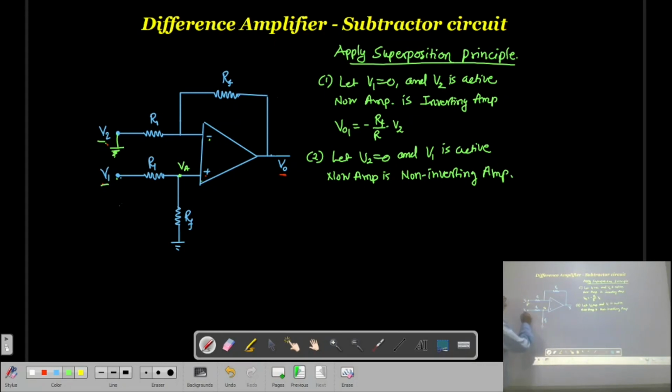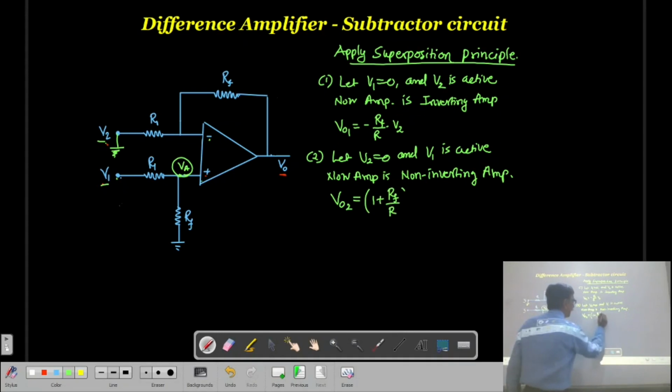Input is not V1, but the input is VA. So we will calculate what is VA. So here we can write that due to this non-inverting amplifier, my output voltage VO1 is given as 1 plus RF by R into VA.